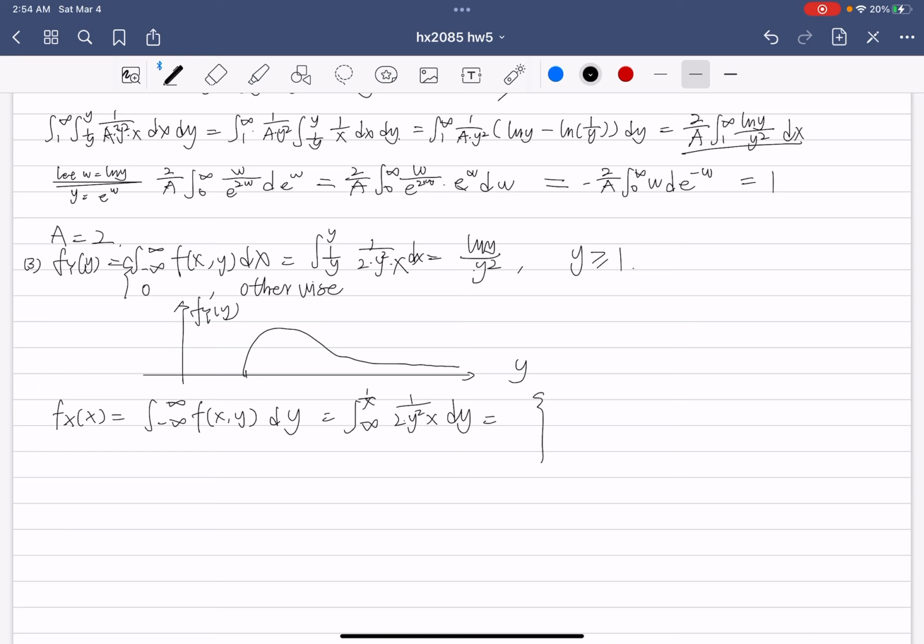There are two conditions. It equals 1/2 when x is larger than 0 but less than 1, and it equals 1 divided by 2 times x squared when x is larger than 1.